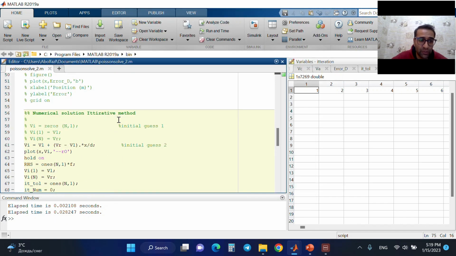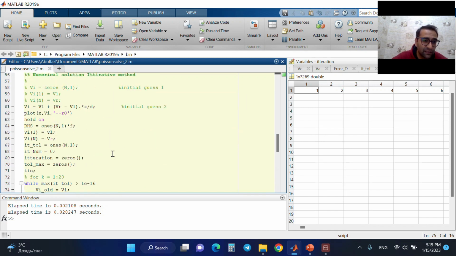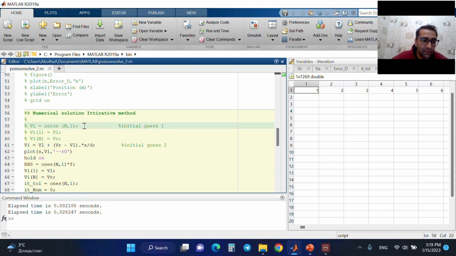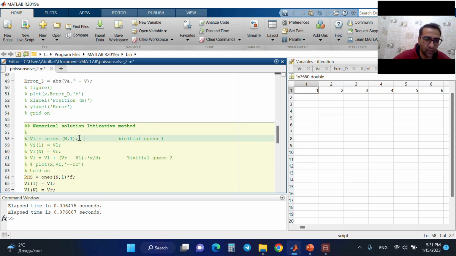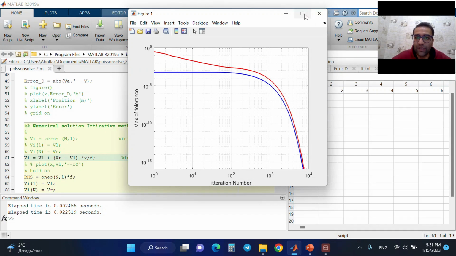I want to also keep this and calculate convergence with the first initial guess. With such an initial guess that is linearly changed between left and right boundary condition, and press F5, I will have the graph on the same plot with blue color. You see, when we have a better initial guess, the convergence is slightly faster.